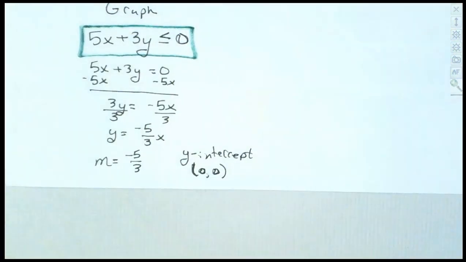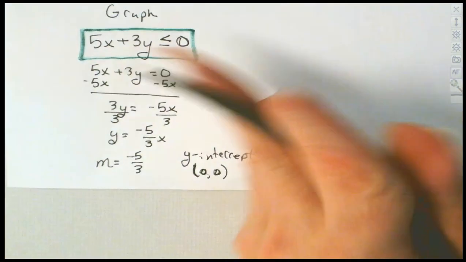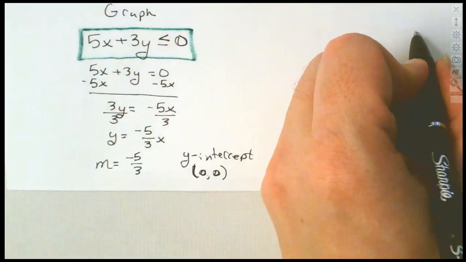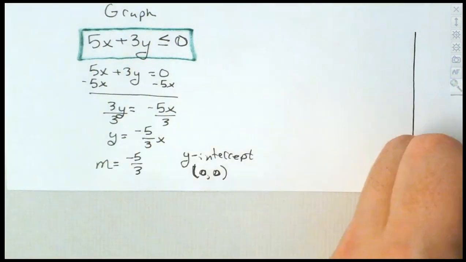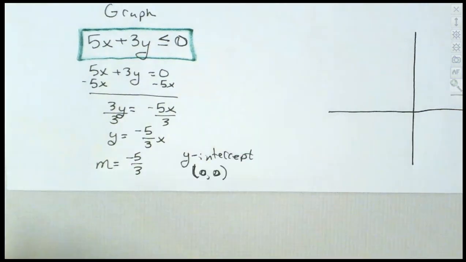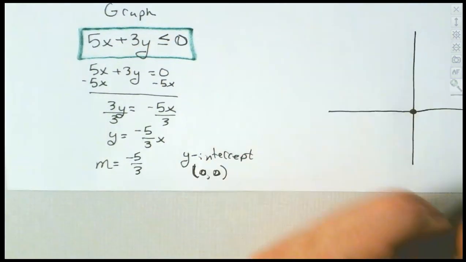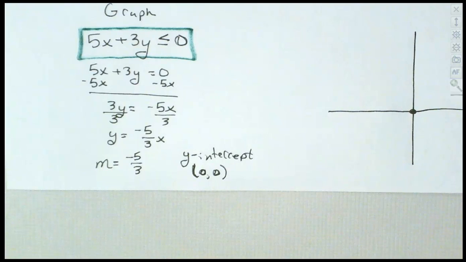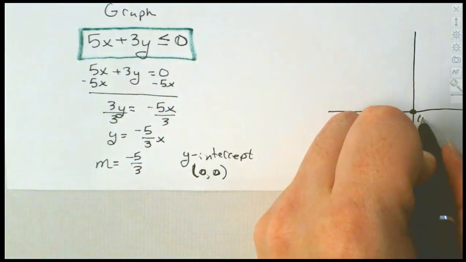So our y-intercept is going to go through the origin at 0, 0. So we're going to start at 0, 0, which is right here. And that's where we start.